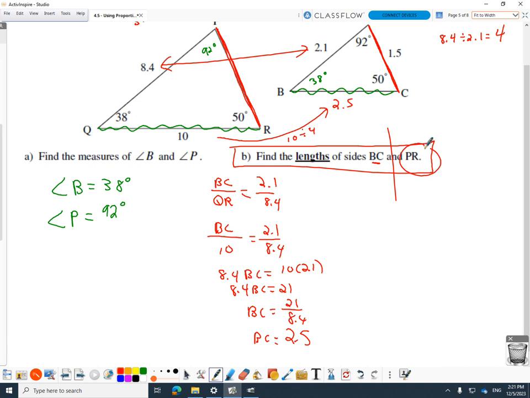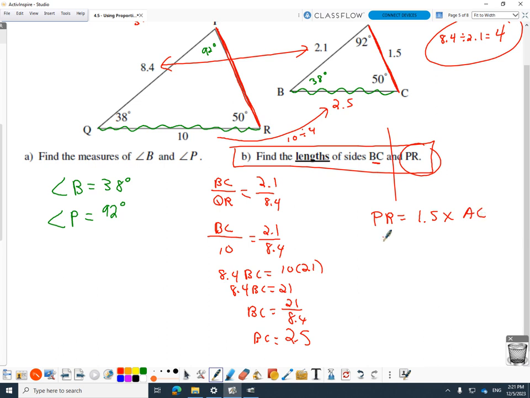Alex, what do you got? PR equals 6. Okay, which method did you use? I did, because 8.4 divided by 2.1 is 4. Okay, so he says, hey, I use this information that the bigger triangle's 4 times bigger. Yeah, so then PR and AC match up. Yep. So then I did 1.5 times 4, and I got 6.